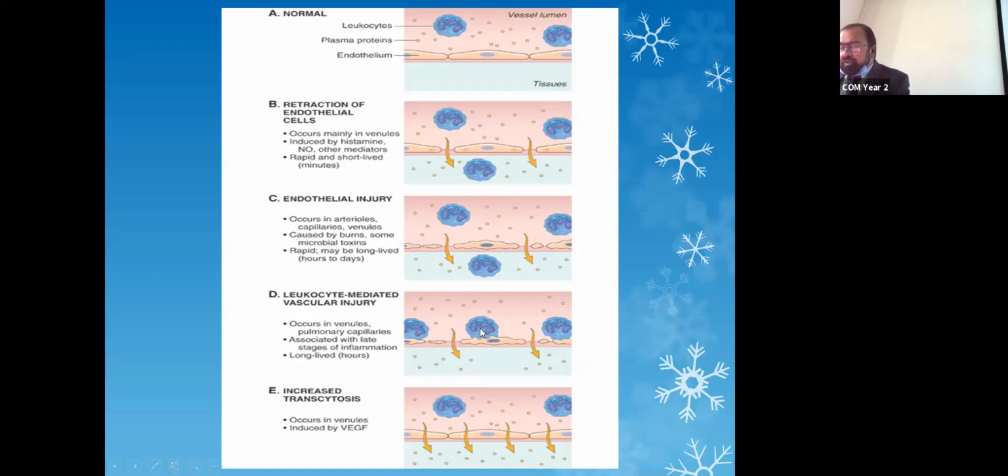Plus, when the neutrophils get attached to the endothelial cells, they also cause damage to the endothelial cells, so more and more fluid can go out. And finally, transcytosis, in which VEGF plays a role and makes a hole through the cytoplasm of the endothelial cells, and the fluid can transfer from the endothelial cell to the extravascular space.